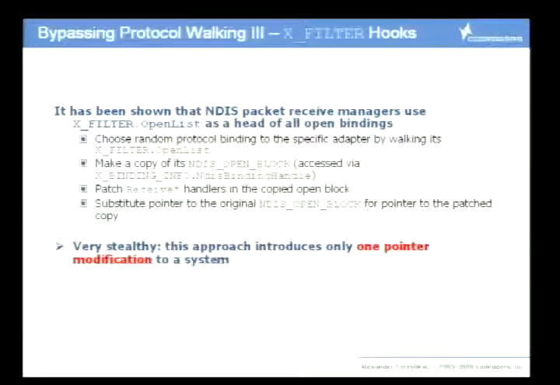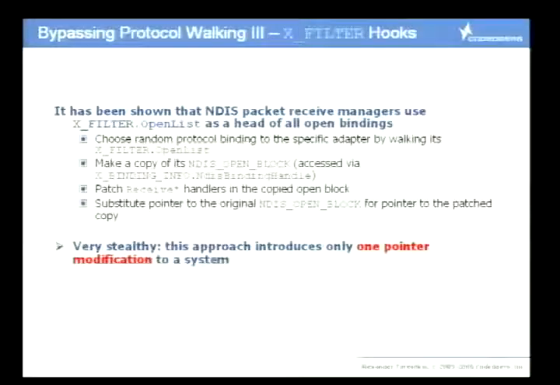We will choose a random protocol binding to the specific adapter by walking its open list links. Then we will make a copy of the NDIS open block which we chose randomly, and then we will patch all needed handlers in this open block and substitute the pointer to the original open block for the pointer to the patched copy.